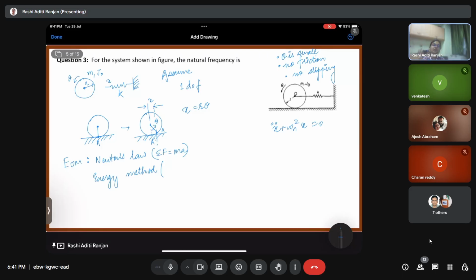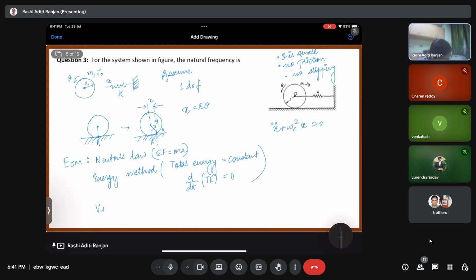So for the energy method, we know that the total energy is constant, which means that if I differentiate the total energy with respect to time, I'm going to get 0. This is another way of finding out the equation of motion.